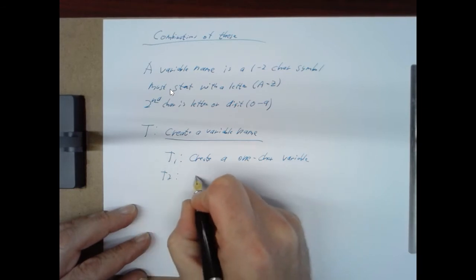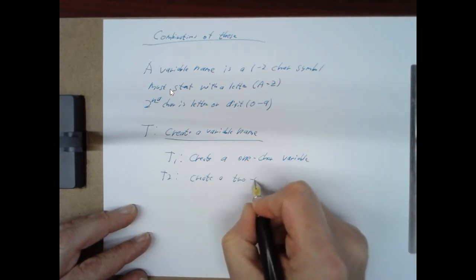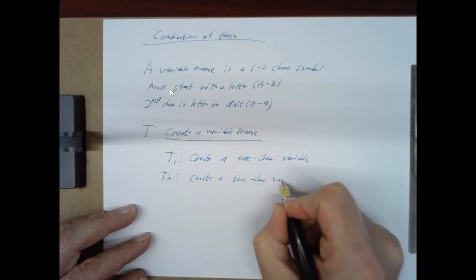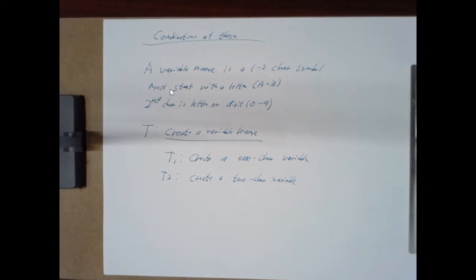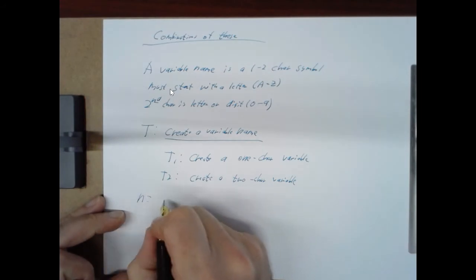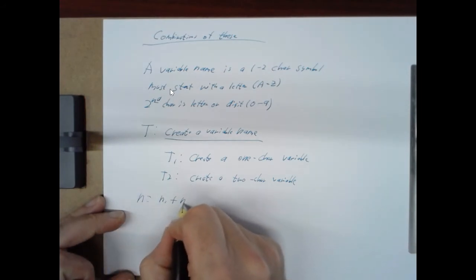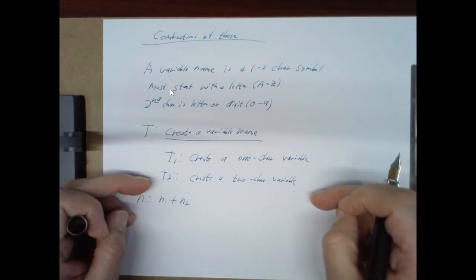Or T2, we might create a 2 character variable. Because we're told a variable is either 1 or 2 characters. So the number of ways we can accomplish this task is going to be the sum of how many 1 character variables we can create and how many 2 character variables we can create.